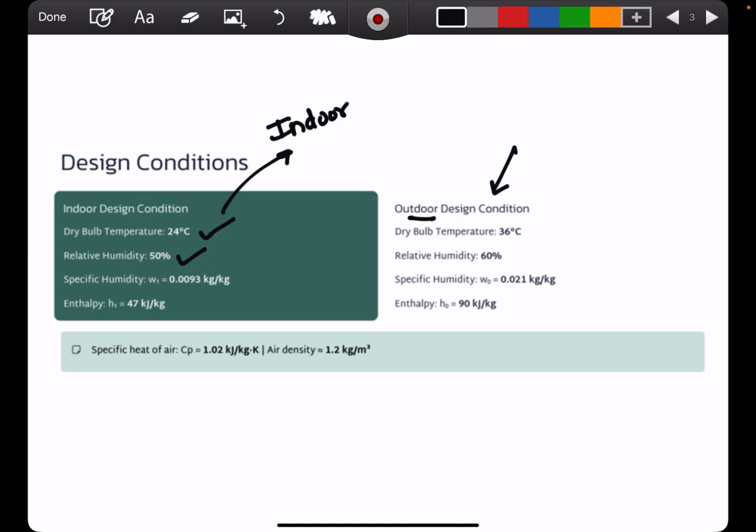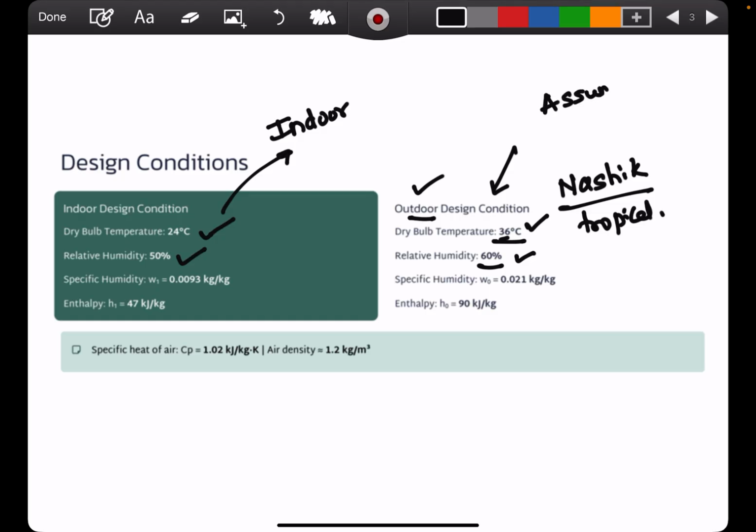And for the weather conditions of Nasik, which is in the tropical part of Asia, the climatic conditions are taken to be 36 degrees centigrade dry bulb and 60% RH. So this I am already defining initially, as the outside design conditions.